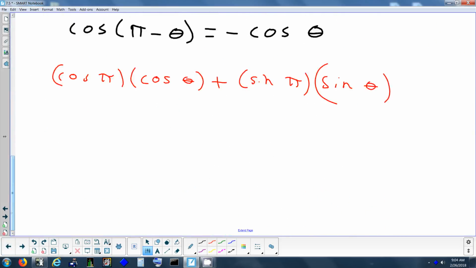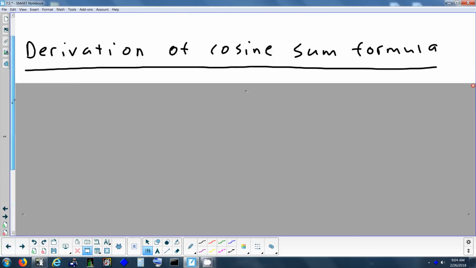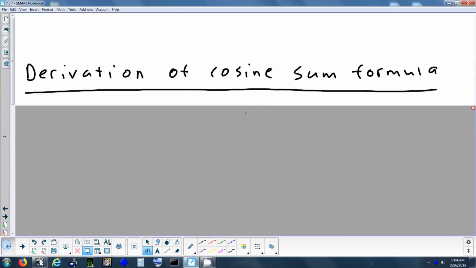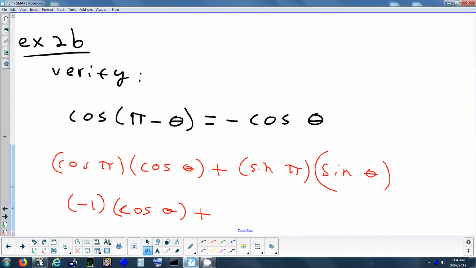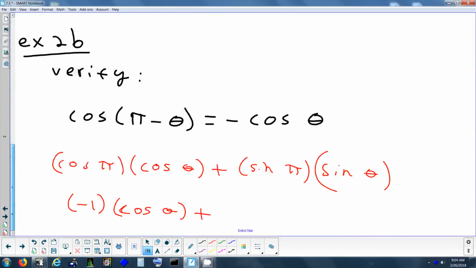So cosine of theta, you can't do anything with that. Sine of pi, let's go back and look at our graph. Sine of pi is 0. If you don't know that, you could type it in on the calculator and get it that way too.